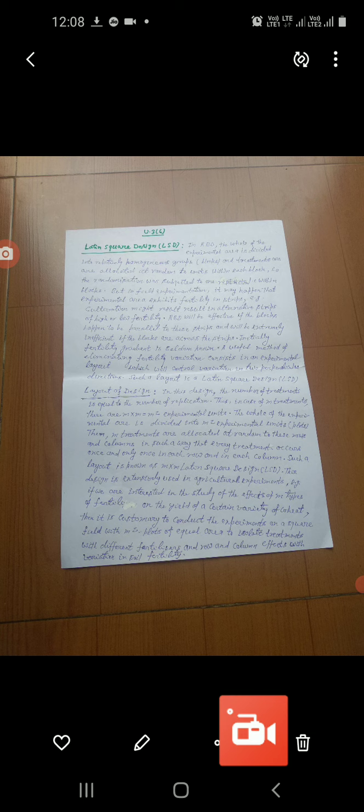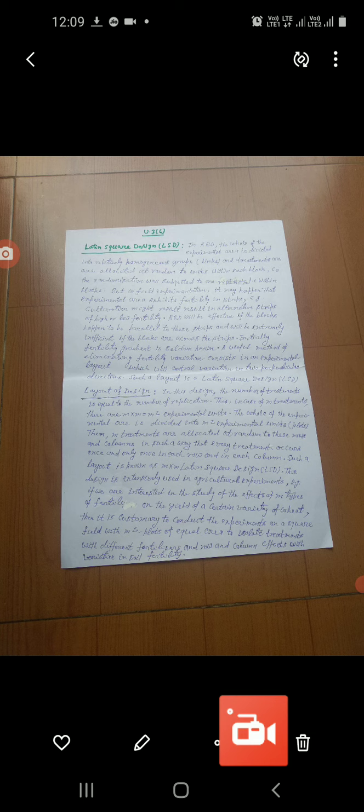In RBD, the whole of the experimental area is divided into relatively homogeneous groups, that is blocks, and then treatments are allocated at random to units, that is plots, within each block.